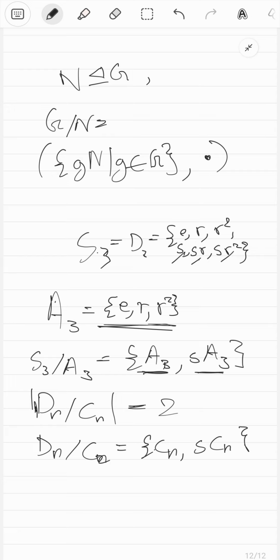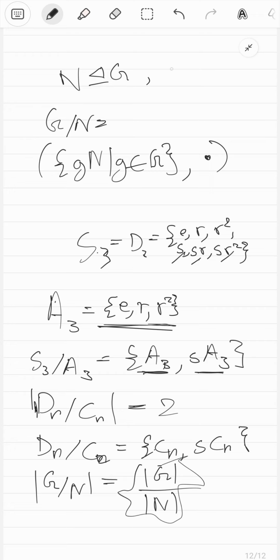Now a nice property is that the cardinality of this quotient, G by N, is precisely the cardinality of G upon the cardinality of N. And here we're talking about finite groups. With infinite groups it gets weird, because this thing doesn't make any sense. It's like infinity over infinity, what's even going on?